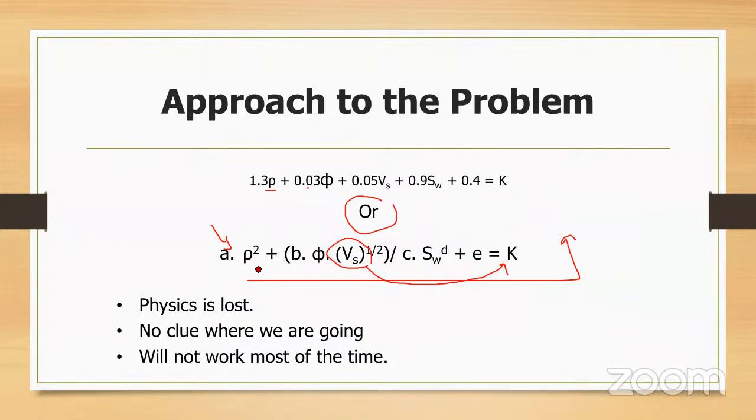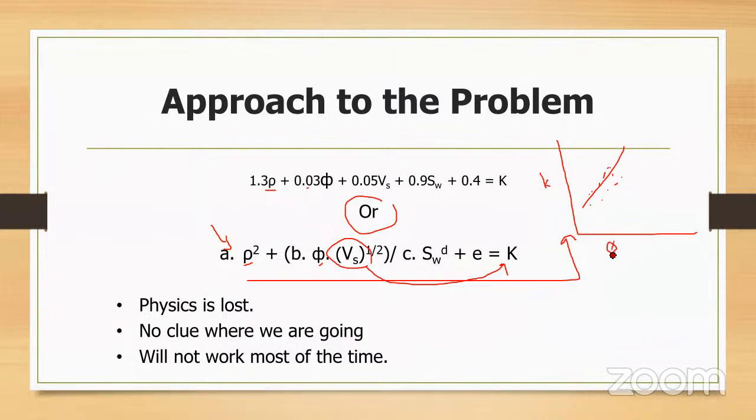Similarly for the porosity or the density. Yes, we can say that when the porosity increases, the permeability increases, but it's not always so. Sometimes you see that this is the data that you have between the permeability and the porosity.